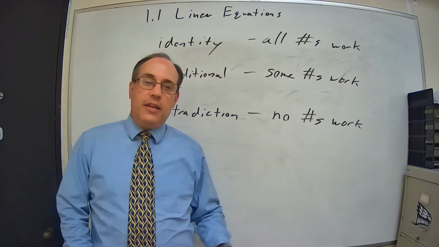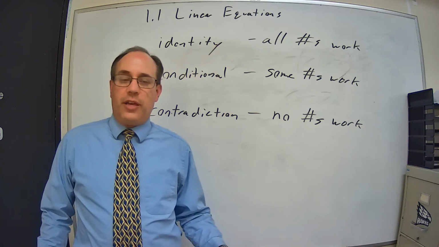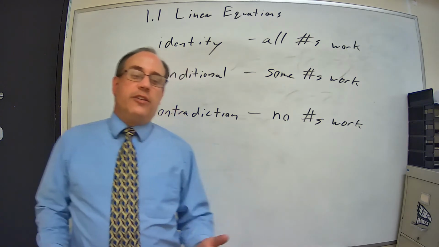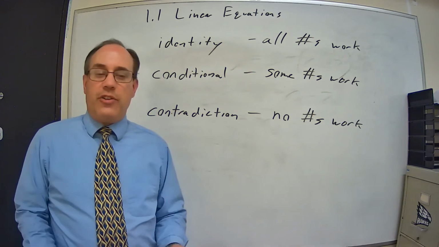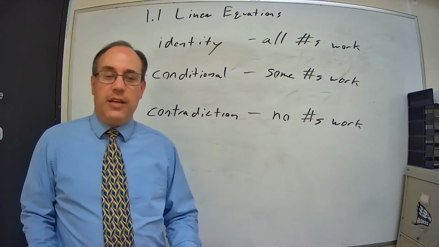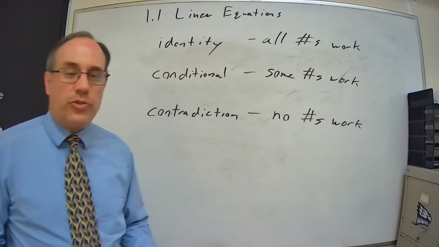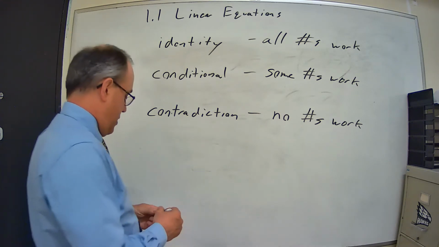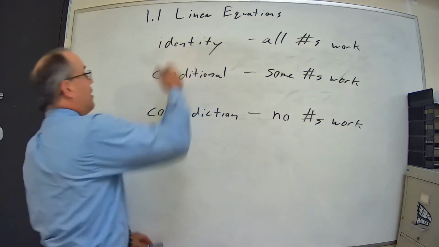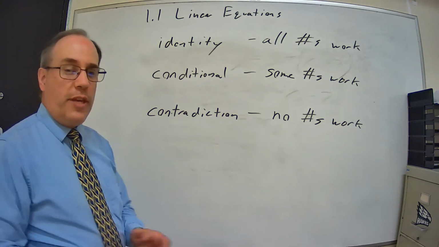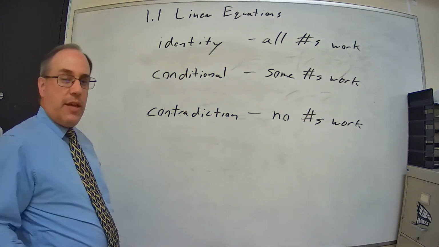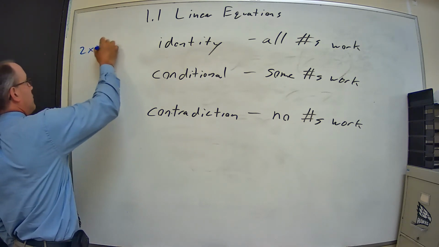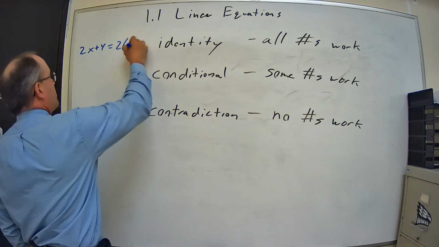In an identity, no matter what value you plug in, it's going to work. For a conditional equation, certain values will work, certain values will not. And for a contradiction, no values will work. Well, let's take a quick look and see what we can do with this. An example of an identity would be 2x plus 4 is equal to 2 times x plus 2.